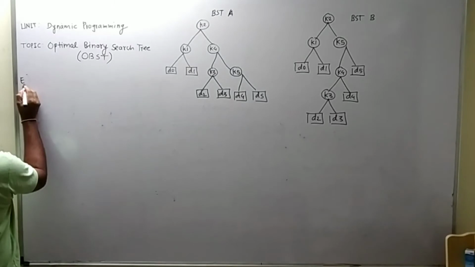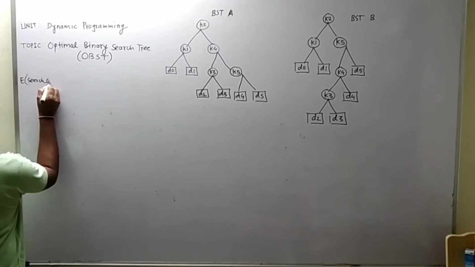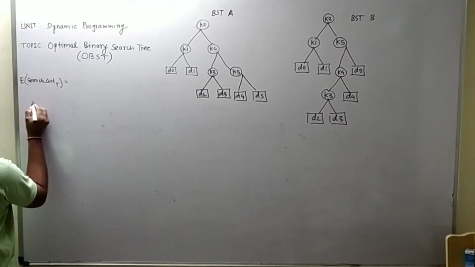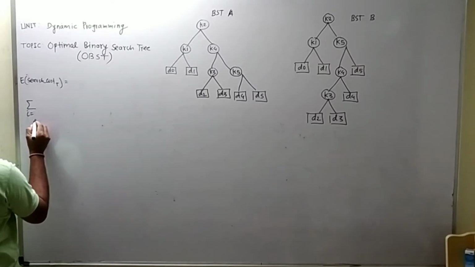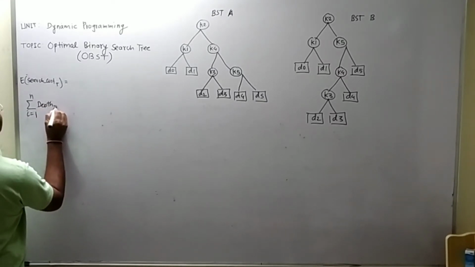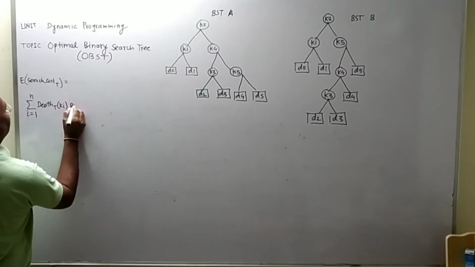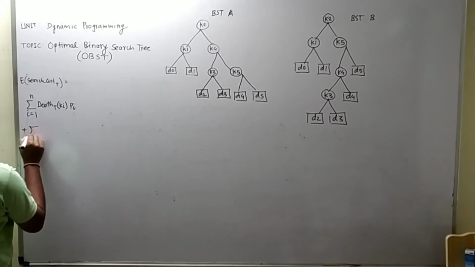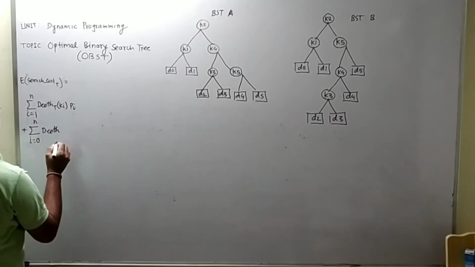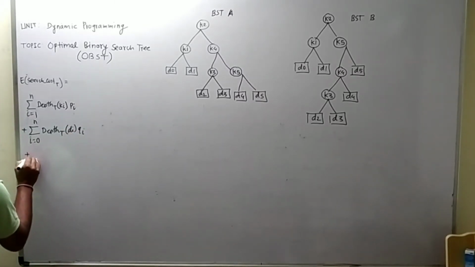I write the expected searching cost formula this side: it is equal to summation from i equals 1 to n depth T of Ki Pi plus summation from i equals 0 to n depth T of Di Qi plus 1.